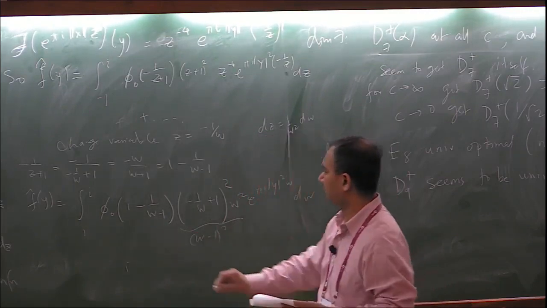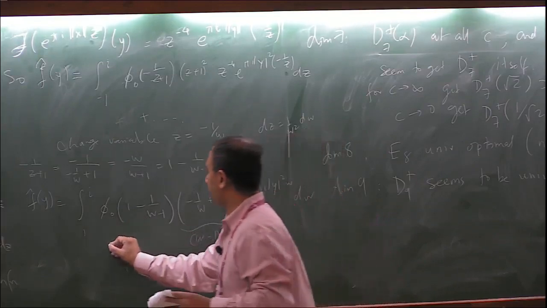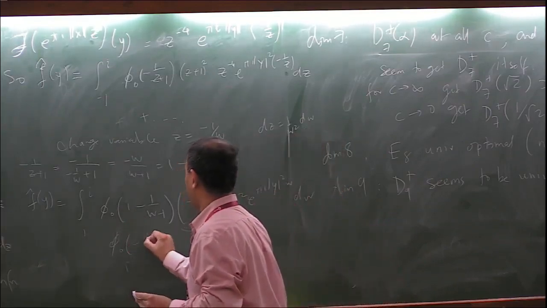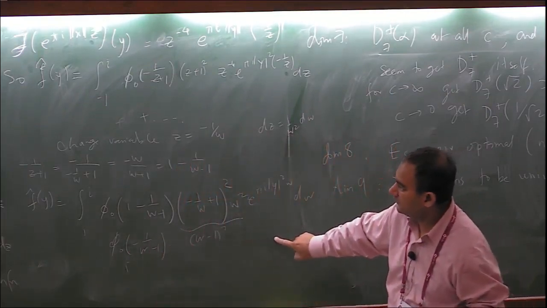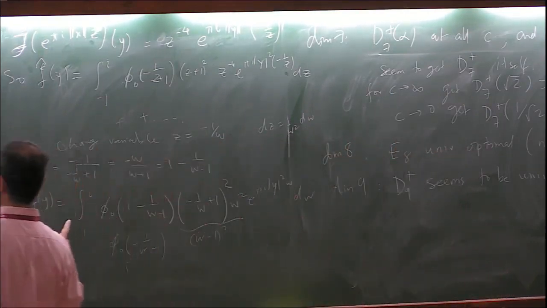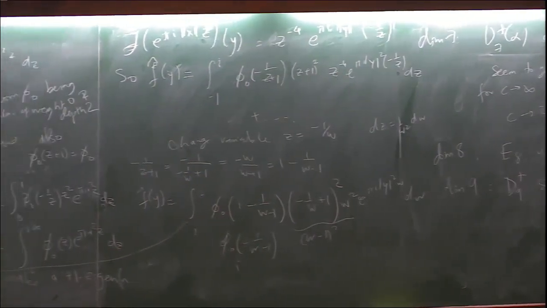You combine these two, and phi 0 is invariant under translation by 1. So this is phi 0 of minus 1 over w minus 1. And you see that you now exactly this term, the Fourier transform of the first term, is exactly equal to the second term over here. Okay? And similarly, the Fourier transform of the second term becomes the first term.